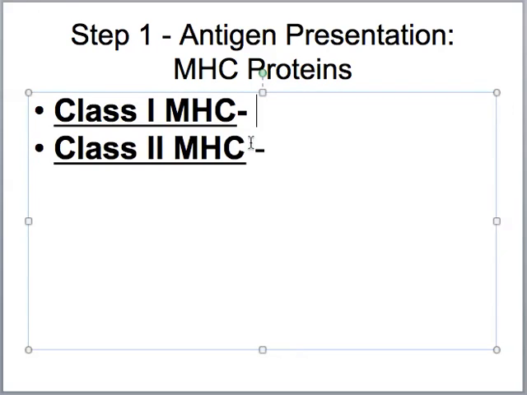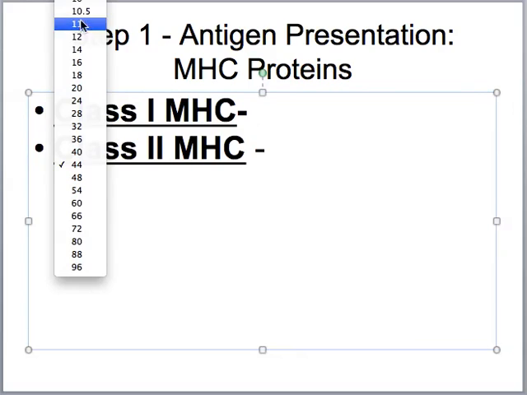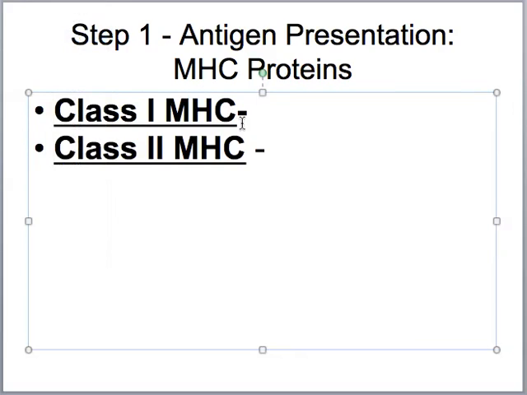These are found on cell membranes of all nucleated cells, meaning it would not be found on red blood cells because red blood cells are not nucleated.